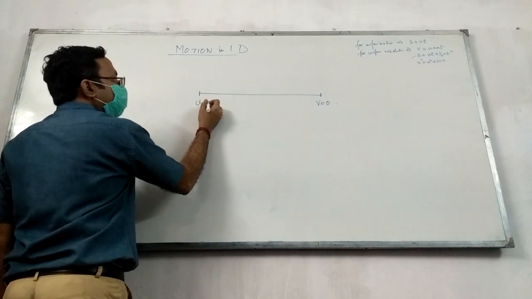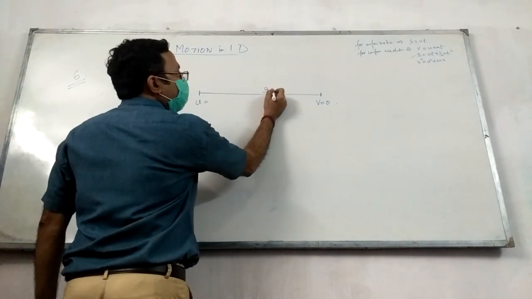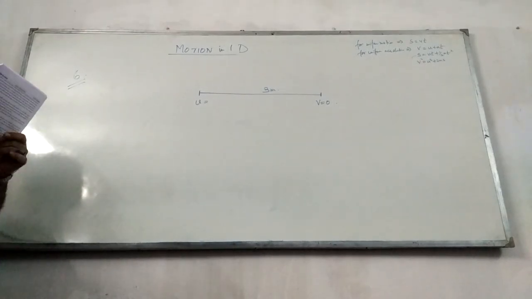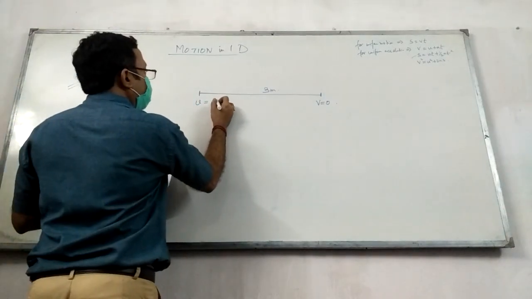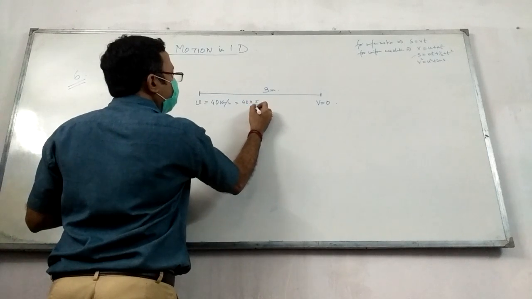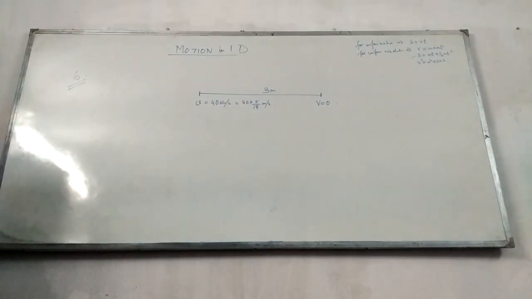And the whole distance is 3 meters. Is that clear? And what was his initial speed? 40 km/h, so that is 40 into 5 by 18 meters per second. What do we need to find out?